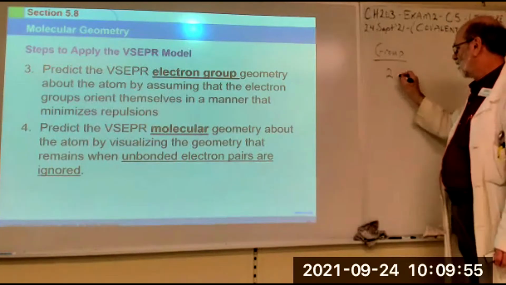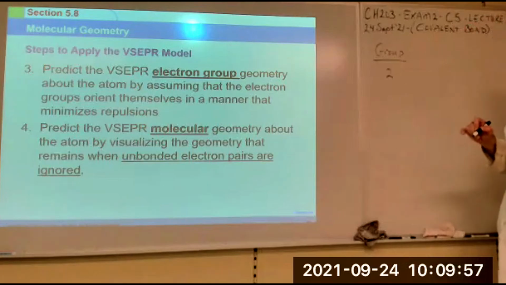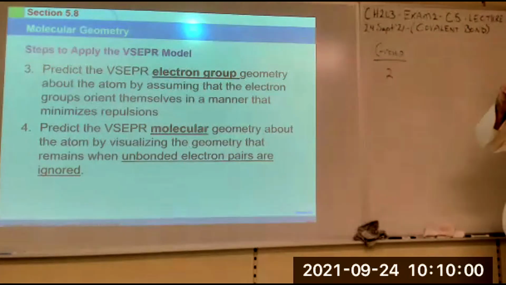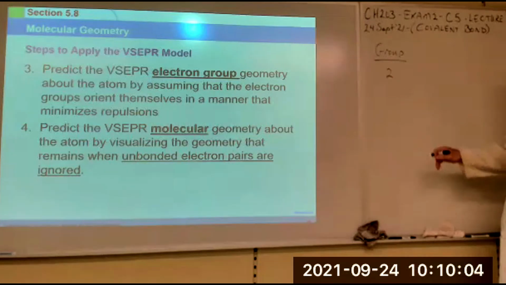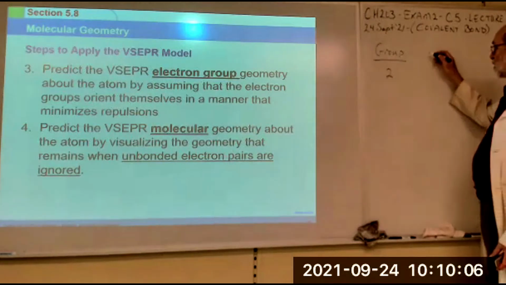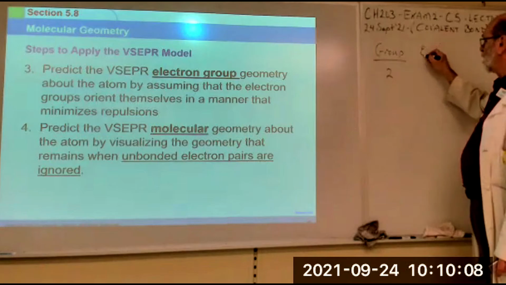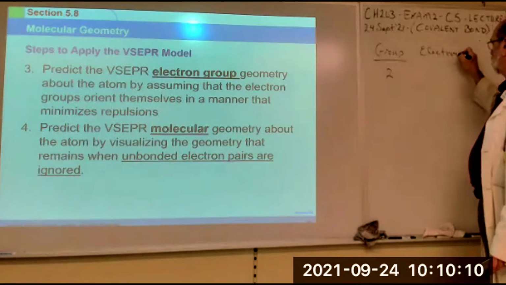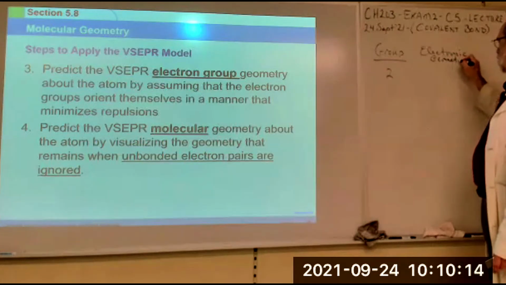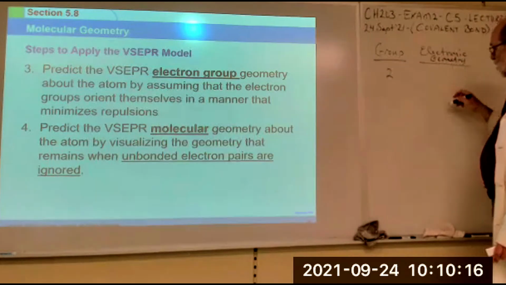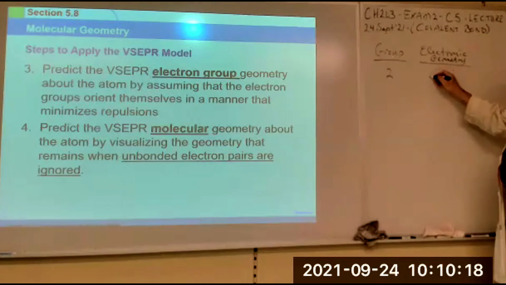If you have two groups around the central atom, and that's all there is, it will be linear in geometric shape. This is what we call the electronic geometry. So if there are two groups, it's linear.